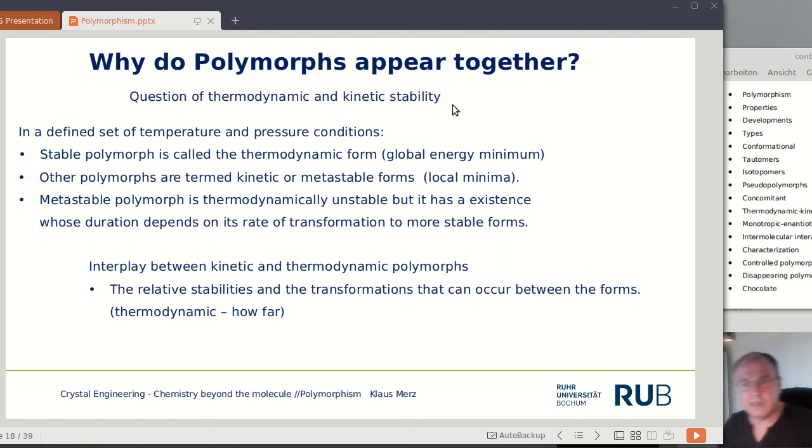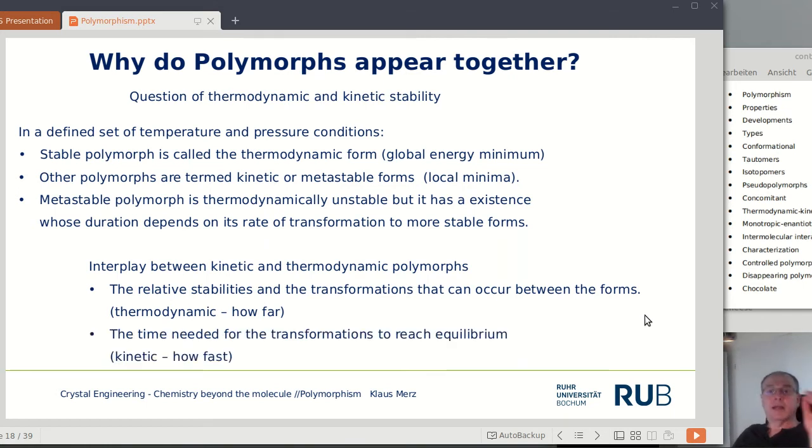Talking about polymorphism investigation, this is an interplay, a competition between kinetic and thermodynamic control of a crystallization process. Thermodynamic means relative stabilities and the transformations that can occur between the forms. And kinetic means how fast, the time needed for the transformation to reach equilibrium.